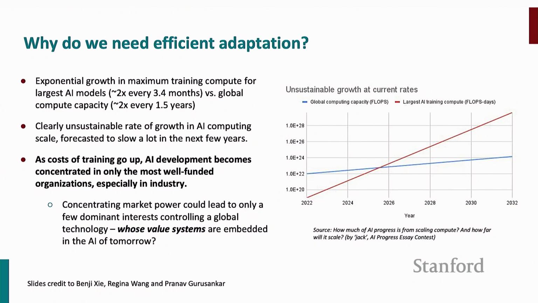There are arguments to be made that if we keep going down this route, then AI development becomes concentrated in only the hands of a few well-funded organizations, and as students we can't do it. And so that's a problem. Also, if there's only a small number of players training and fine-tuning models, then they may bias the model in specific ways that reflect their value systems and not the broader public. And so that's another reason to think about efficient adaptation.